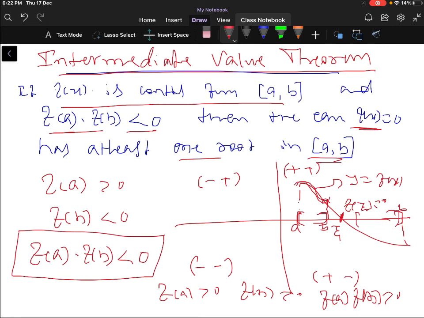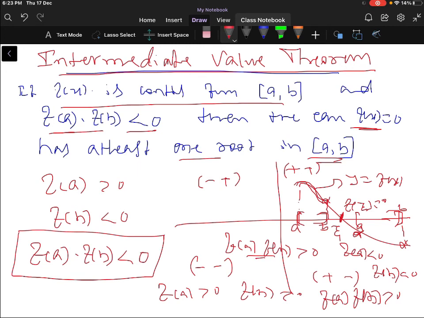Suppose you consider here the interval a and b, at this point f of a is negative, but here f of b is also negative. The product f of a into f of b is positive. So you can observe here there is no root between a and b, because f of a and f of b have the same sign.